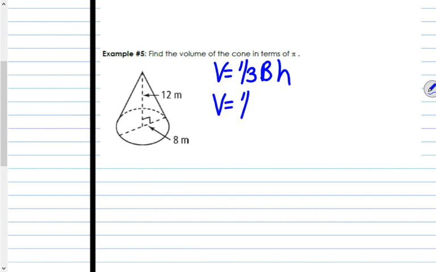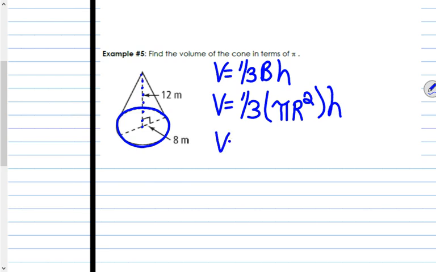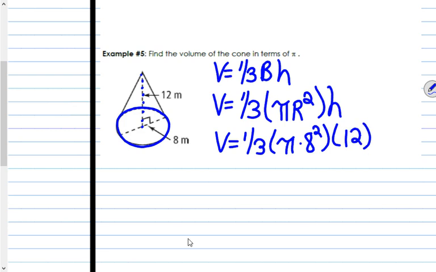Volume equals 1/3. Now the base is a circle, so the area of the base would be pi r squared, times the height of the solid. Volume equals 1/3 pi. My radius is 8, so times 8 squared. The height of my solid is 12.